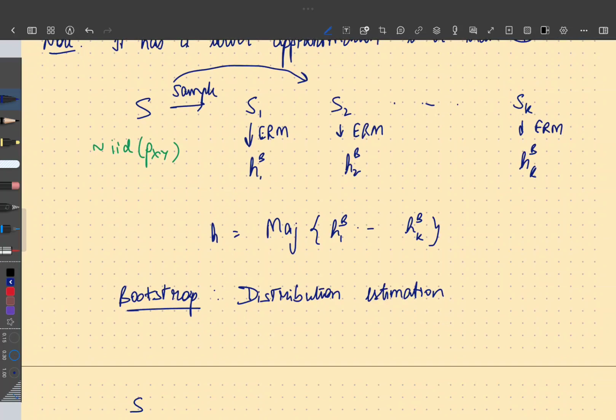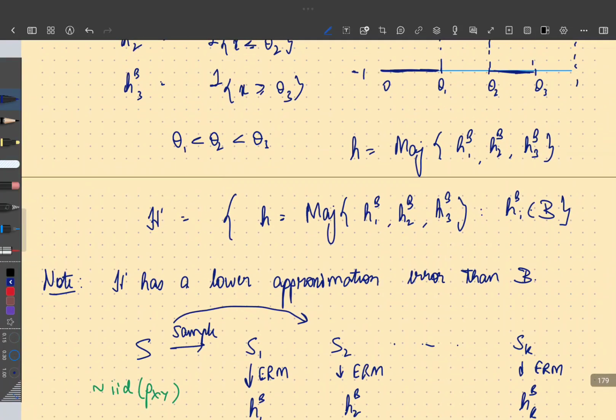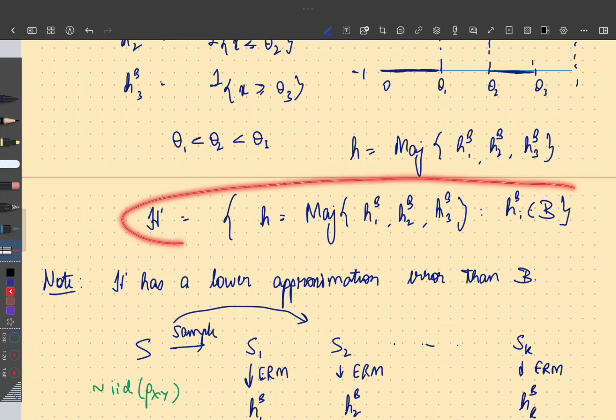But you can derive margin based generalization bounds, which means that you look at this particular hypothesis class, which is now a richer class than your base class, and you assume that your data set guarantees a certain margin for this complex hypothesis class.